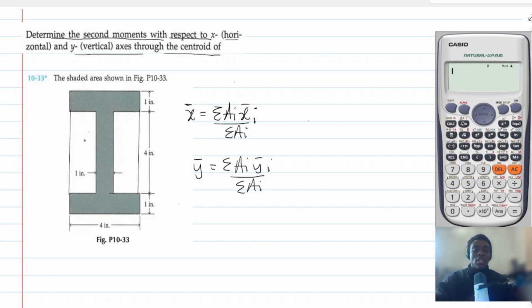For a rectangle, what do we know? The centroid will be exactly halfway, and then exactly halfway. So the centroidal axis must be here. This will be the x axis about the centroid, and this will be the y axis about the centroid.